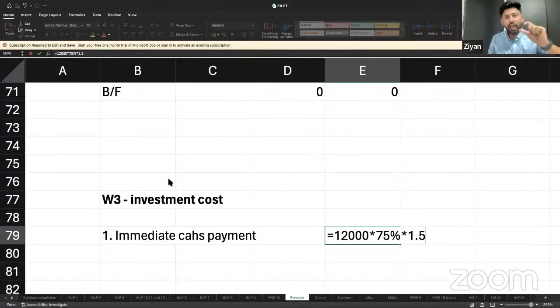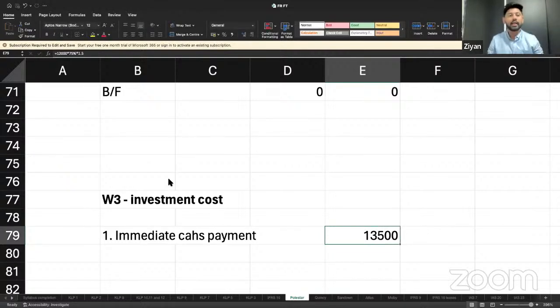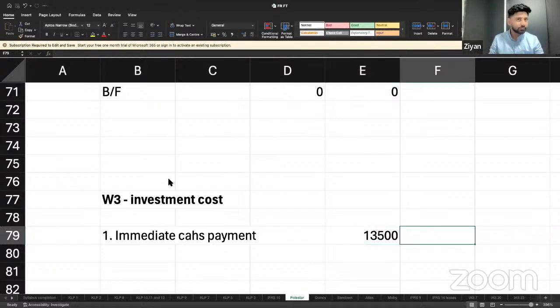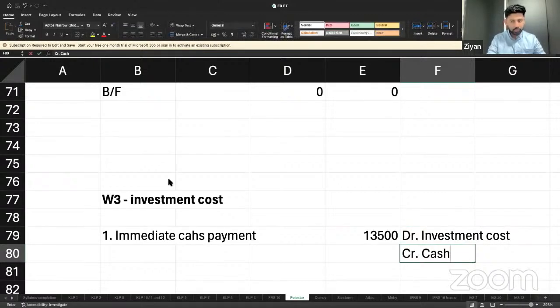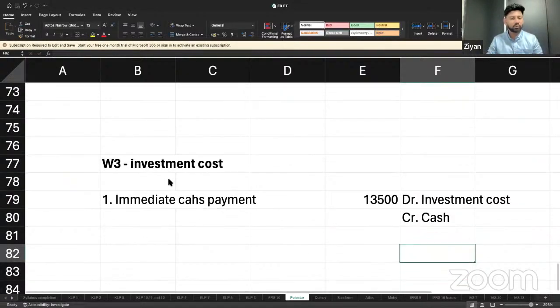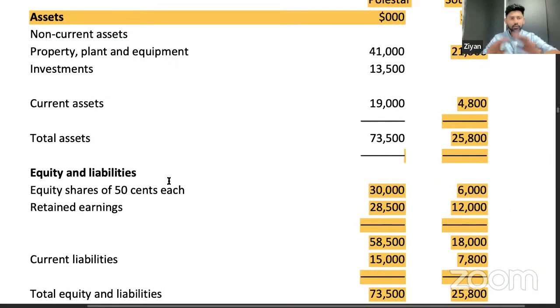Now, you don't have to show this separately. You can just show it there. That's okay. Your examiner is required to go to that cell and see what it is. So please don't waste time. What would it be? Debit investment cost, and credit cash. Done. That's it. Nothing to worry. Let's go further.